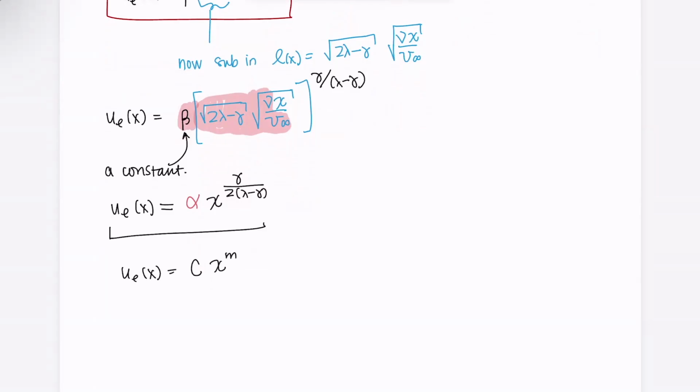So it is a power law, where m is equal to gamma over 2 times the quantity lambda minus gamma, which is a constant.